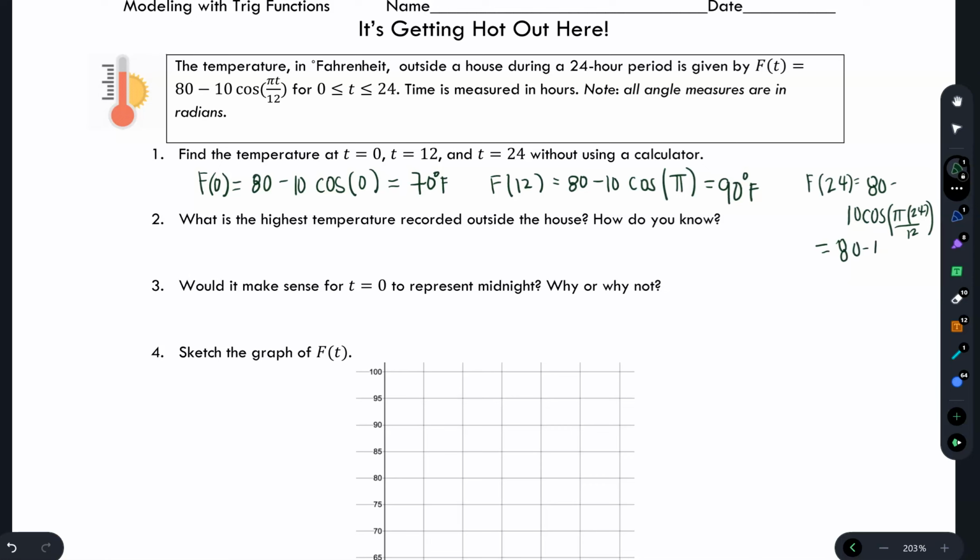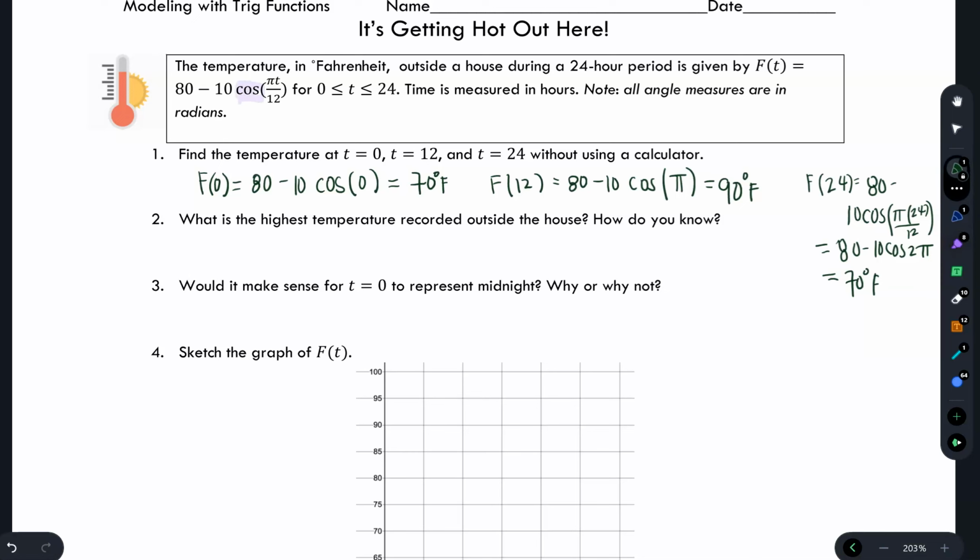So that's 80 minus 10 cosine of 2 pi, which is back to 1. So that's 70. So it's periodic here, so we are going to just start repeating because we are looking at a trig function, right?